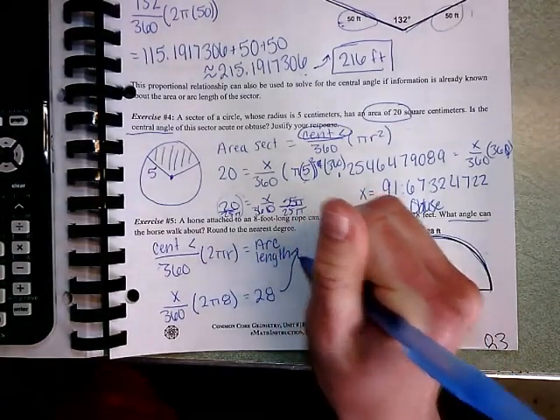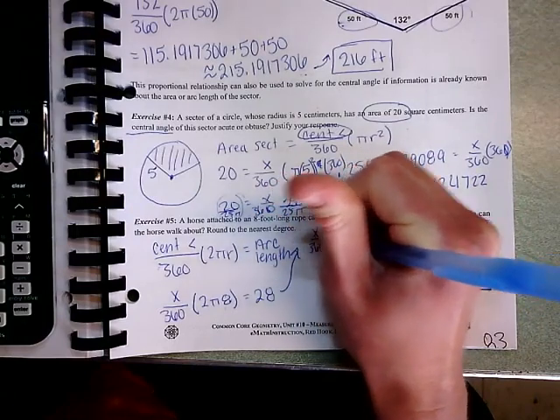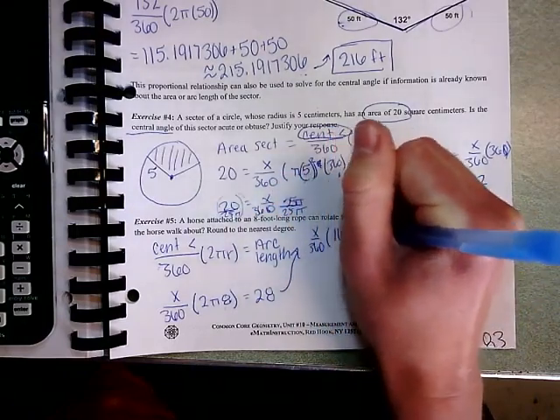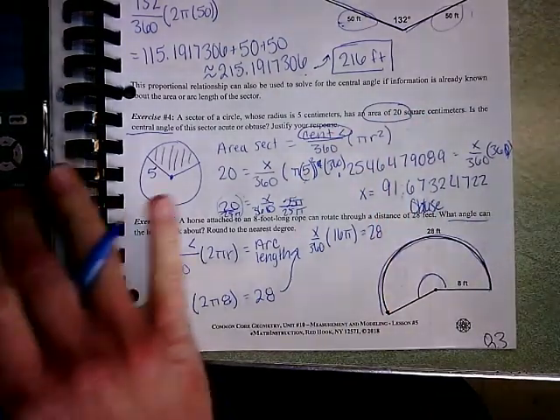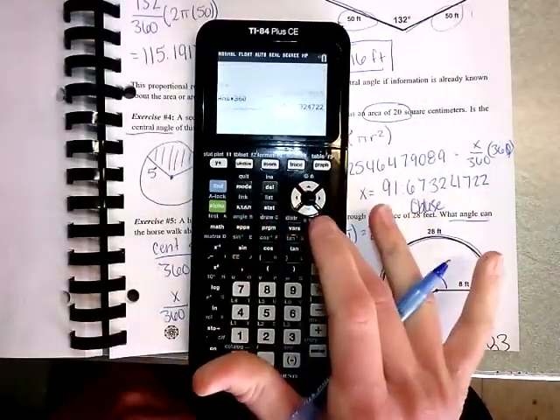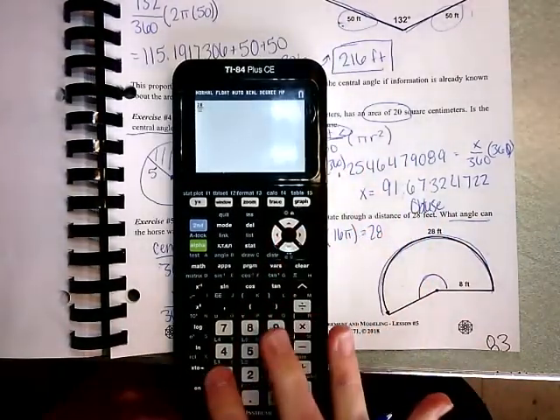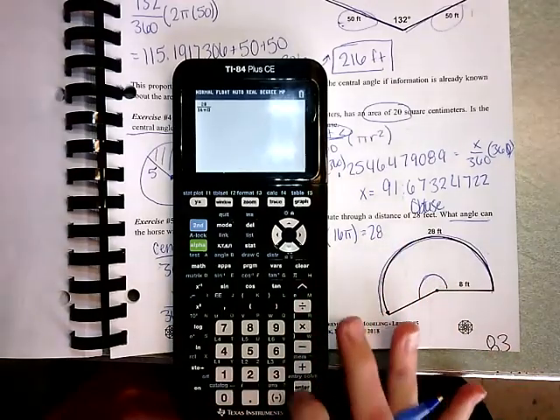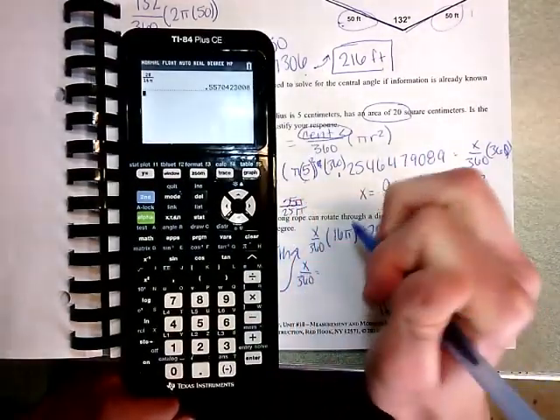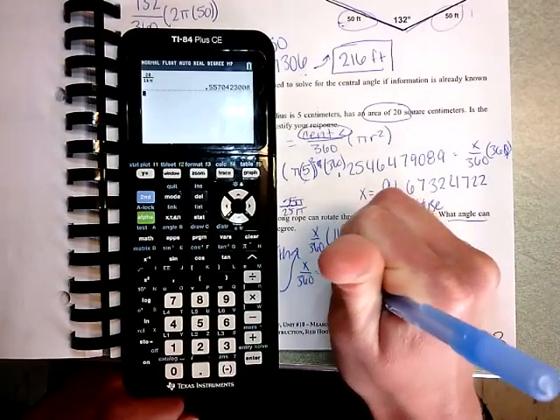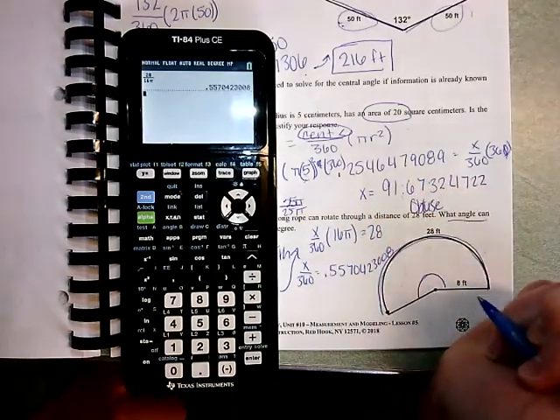All right, so like I did up here, I'm just going to simplify this a little bit. So I get x over 360 times 16 pi. Okay, so 28 divided by 16 pi. Now, careful of how we put this in. I always recommend we do this using alpha y equals, because otherwise it gives us a really weird answer that we don't want. So this is 0.55704230008.